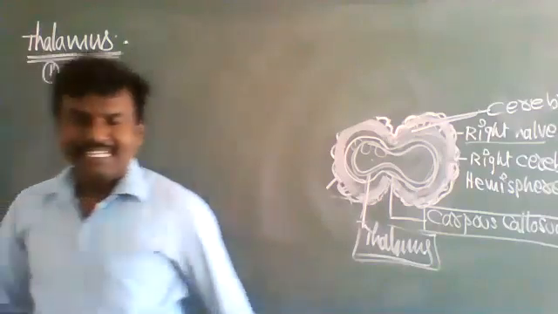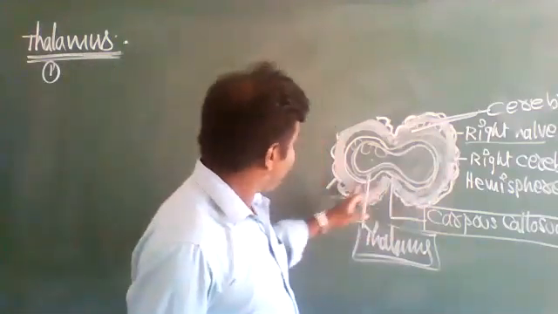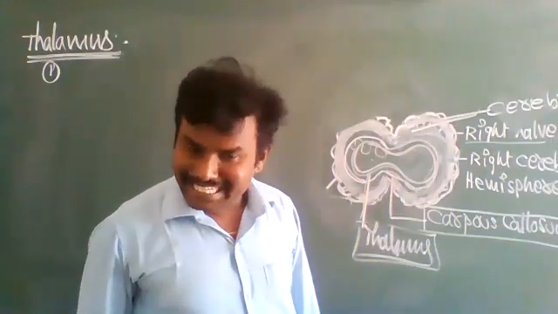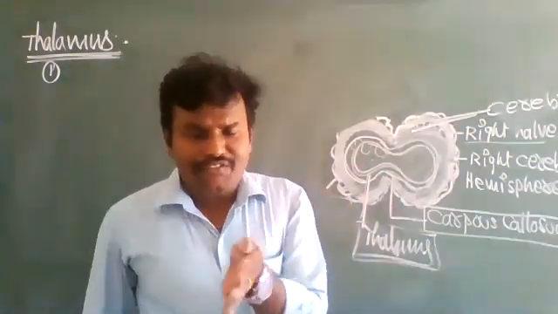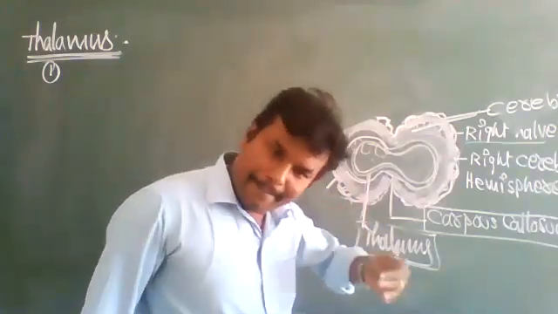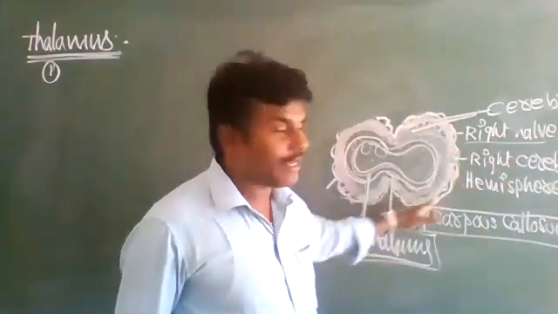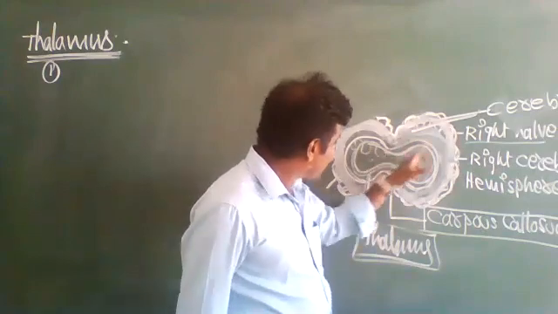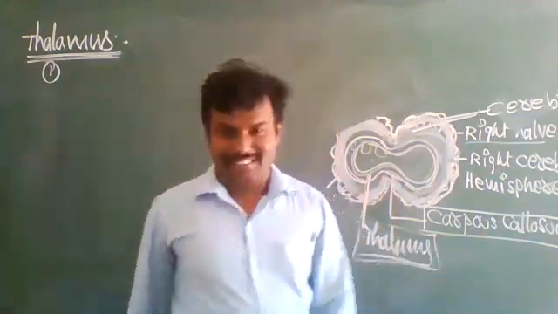First statement: the cerebrum is wrapped around the thalamus. Second statement: whatever sensory information from the sensory organs is transmitted to the cerebrum must pass through the thalamus.